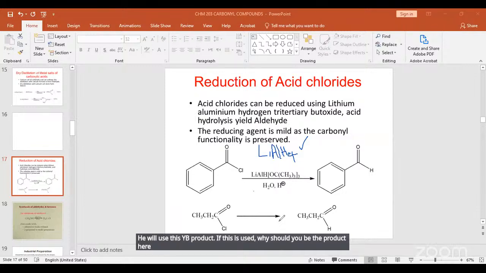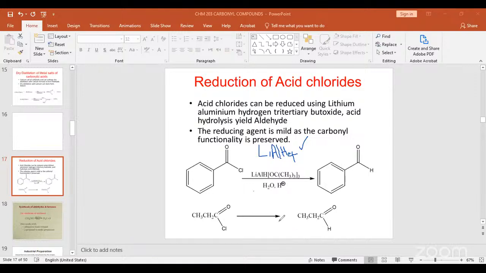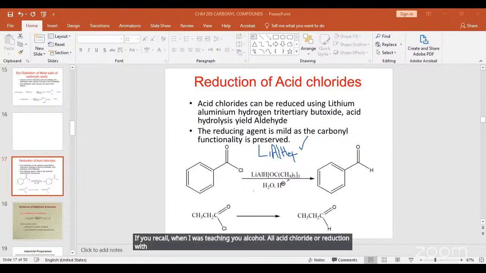Benzaldehyde? We are using lithium aluminum hydride, not the reagent they have used. If you recall, when Professor Asheku was teaching you alcohol, all acid chlorides on reduction with lithium aluminum hydride will give you alcohol. So you will have benzyl alcohol or phenyl methanol.